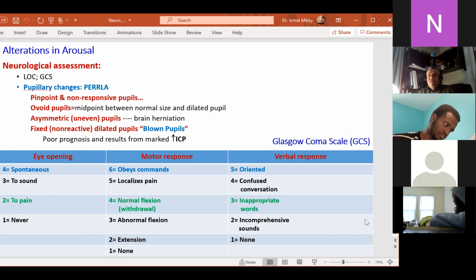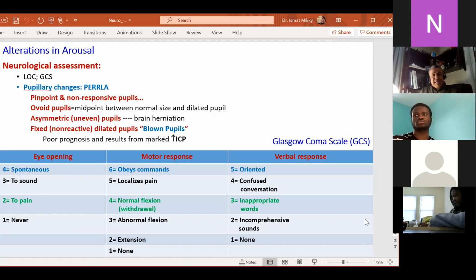So anytime you want to give sedation or administer opiates, morphine or any other opiate, the first thing you do is assess the patient's breathing. And if the patient's breathing is less than 10 breaths per minute, then you shouldn't give the patient that dose of any opiates or sedatives.